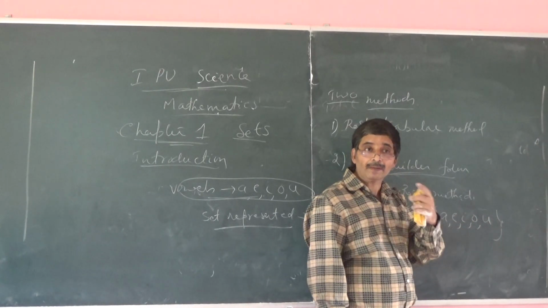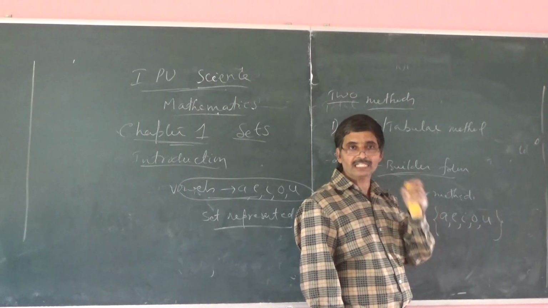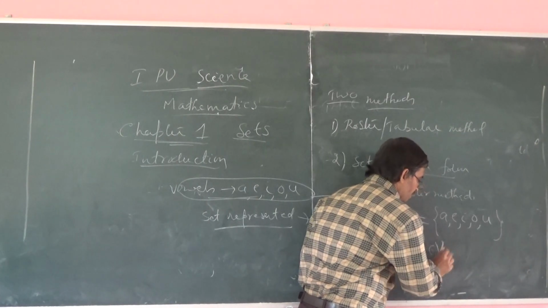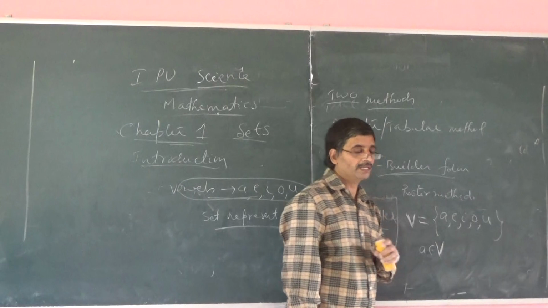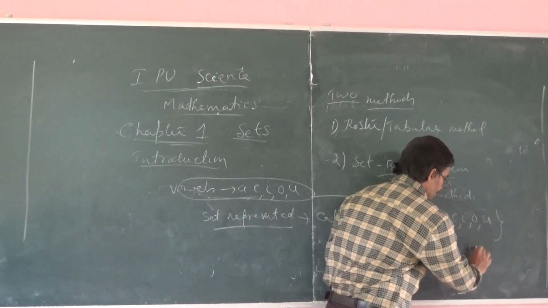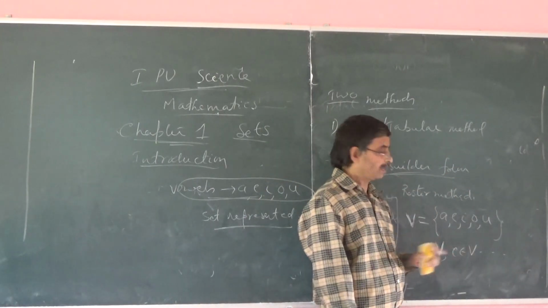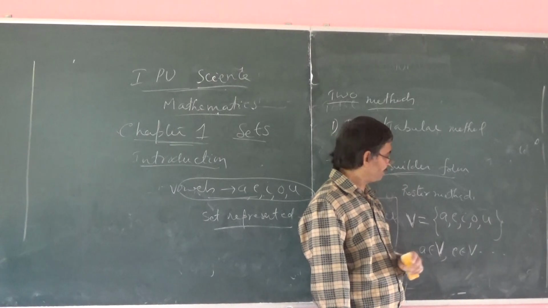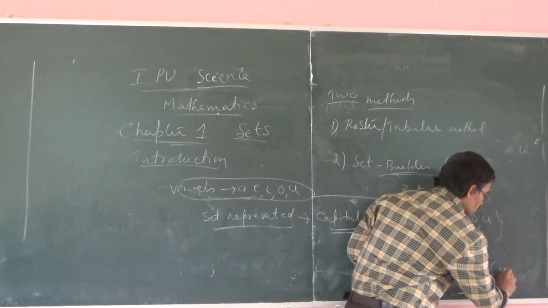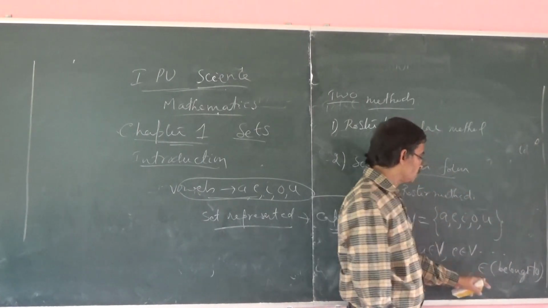I will represent that A is an element of B by using this symbol: A belongs to B. A is a member of the set B. Similarly, E belongs to B, I belongs to B, O belongs to B, U belongs to B. This symbol is read as belongs to.